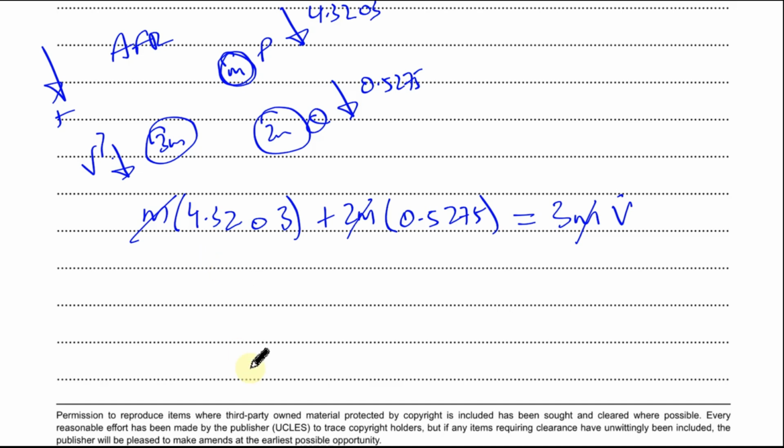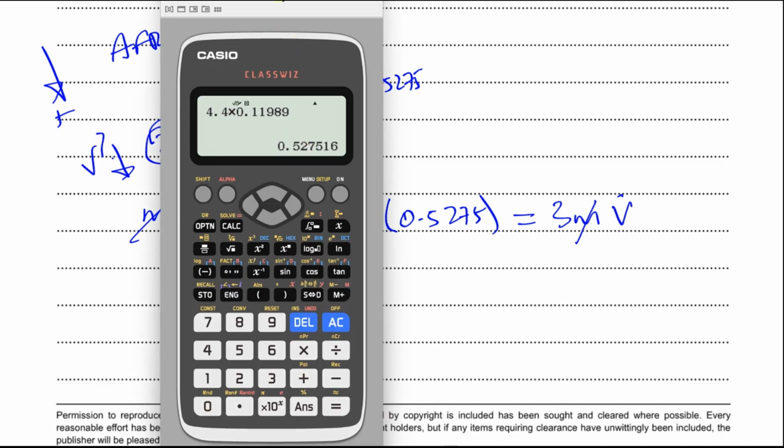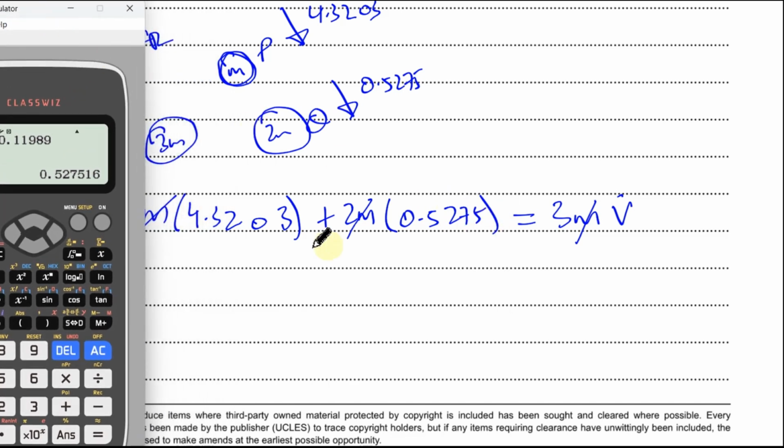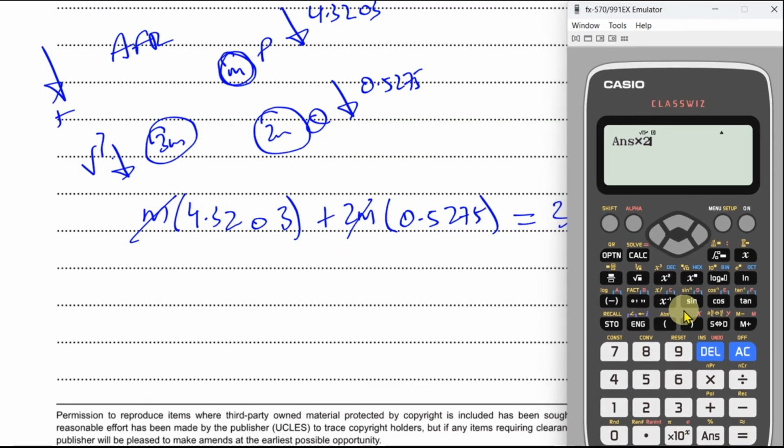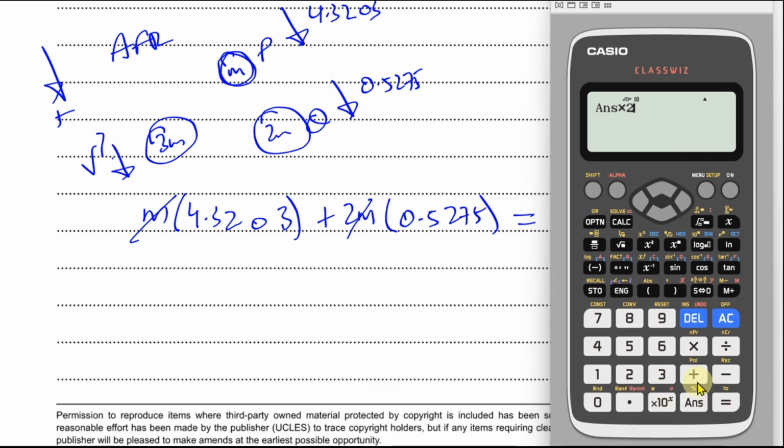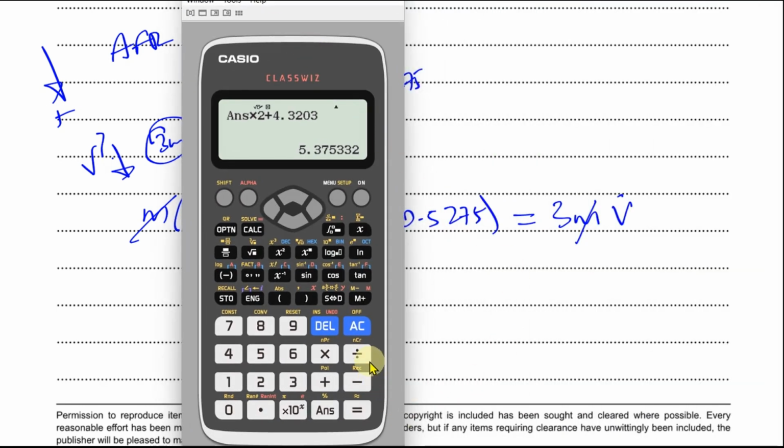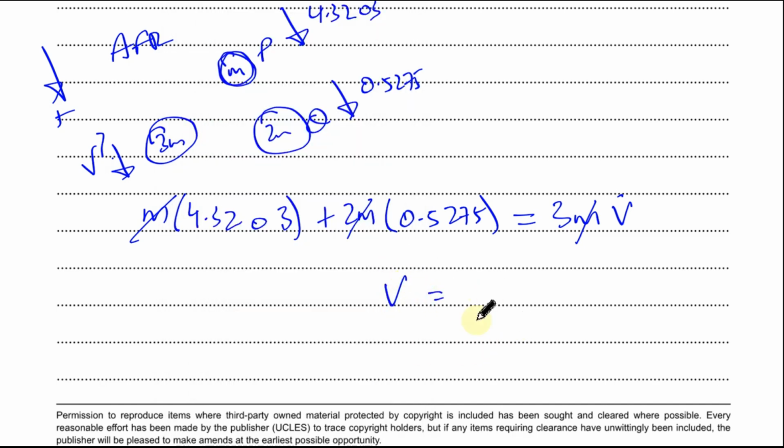So let's work it out. We have 0.5275 times 2, plus 4.3203, and we divide that by 3, which gives us 1.79177 meters per second.